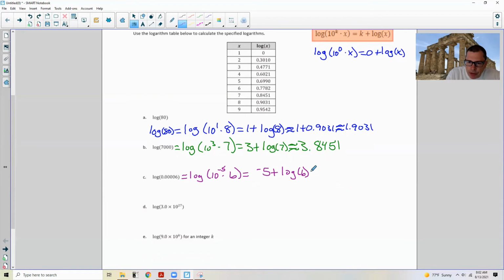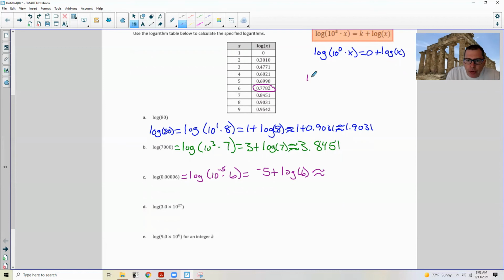And so that is going to give us an approximation. Now we need to be careful when we're doing negatives. The log of 6 is 0.7782. My answer is not going to have that in there.